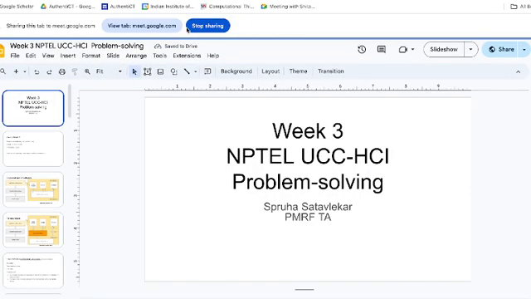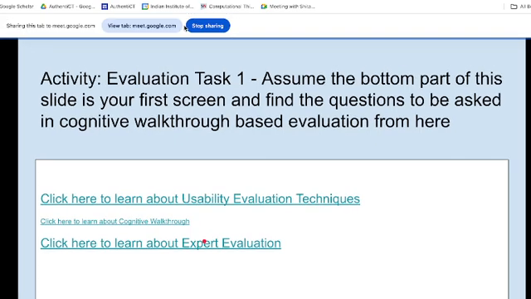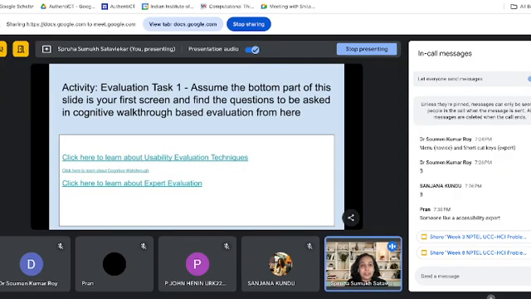Where does it take me? Oh, it took me to a week 3 slide. It didn't take me to the slide I was expecting. I was expecting to go to the questions, but I was not able to do that. So I made an error.